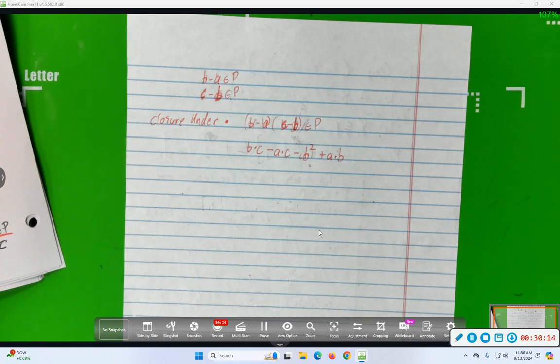I wanted to get just C minus A, right? So that doesn't look useful.